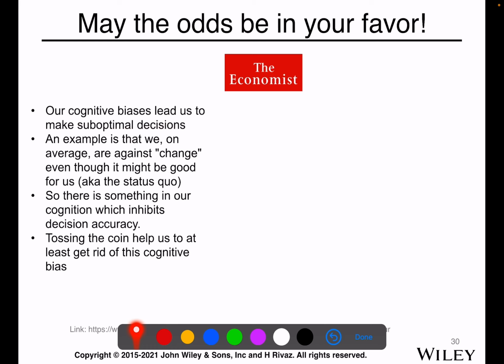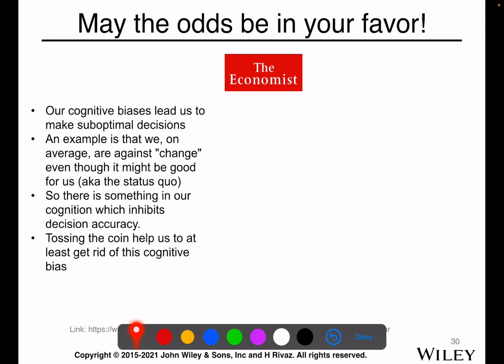And one of the main reasons for that is that we are against change, right? So we are basically always for the status quo. We like the status quo, even if the other option might be better, right? So there's something in our cognition that always inhibits making good decisions.